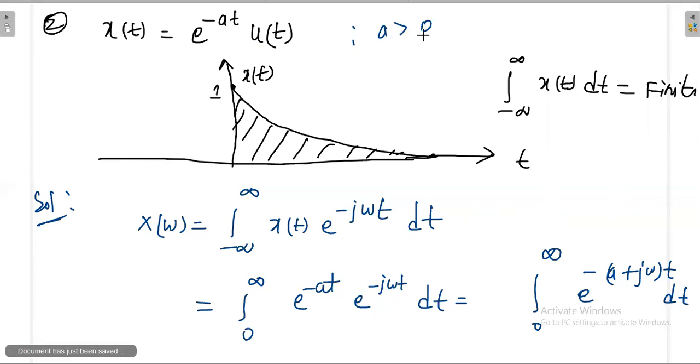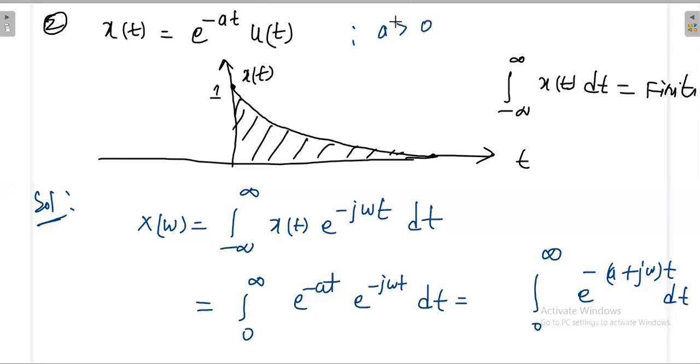A greater than 0 means A is positive. If A is less than 0, A will become negative, and instead of exponential decay, the signal will increase exponentially. Once it increases exponentially, you cannot get this integration as finite. So that's why the A value is here greater than 0.